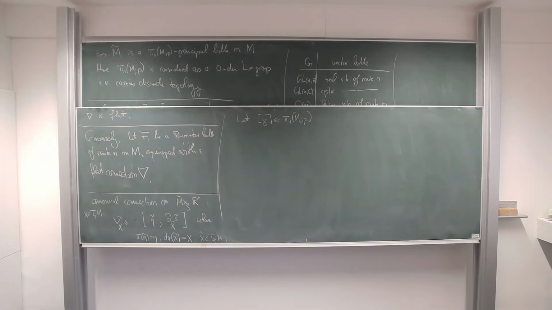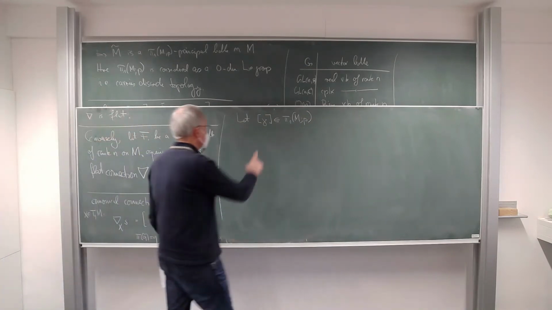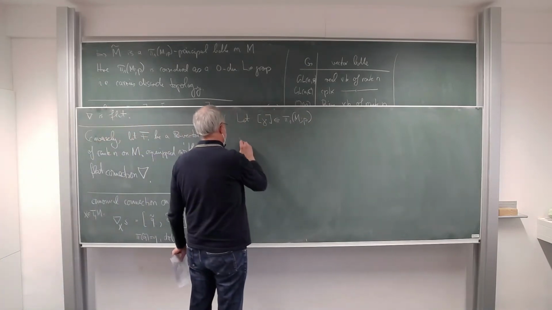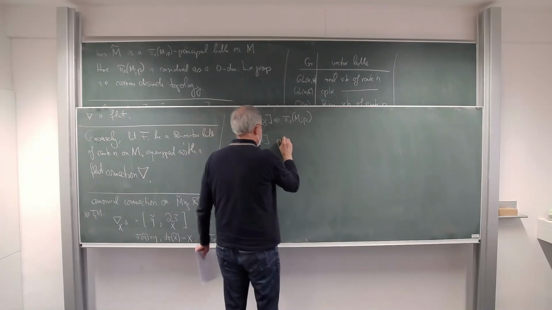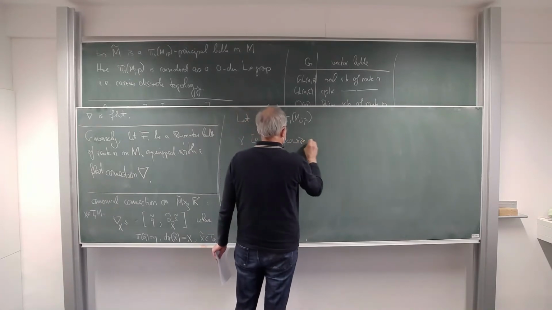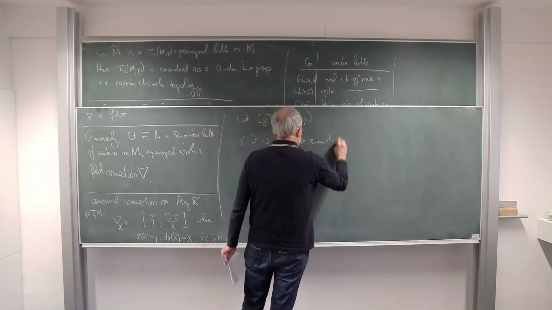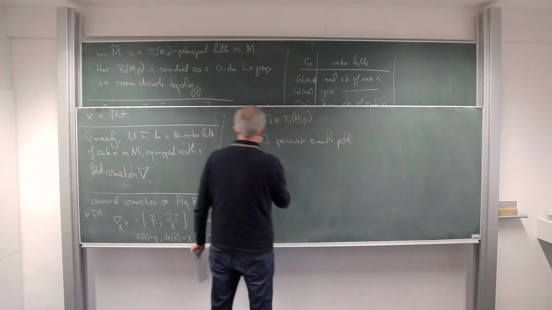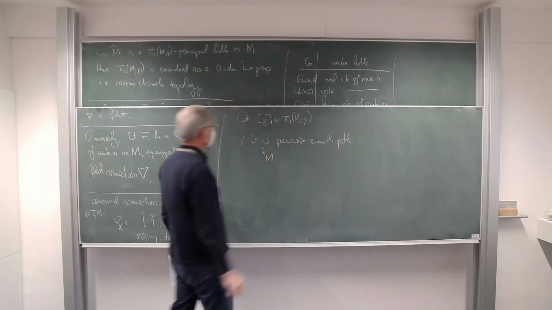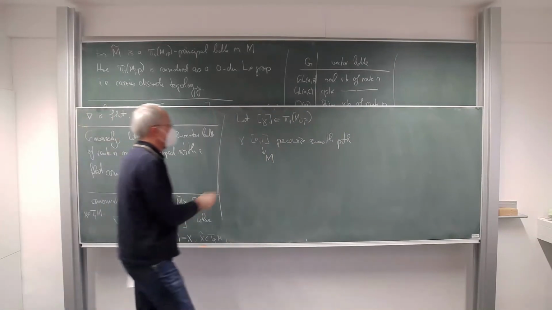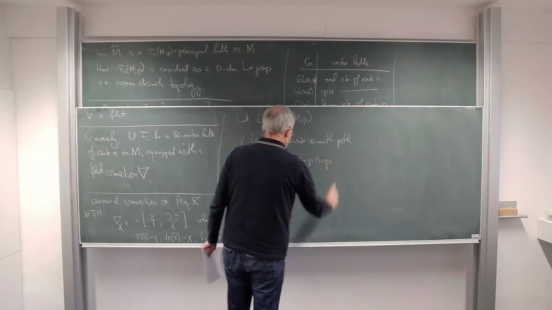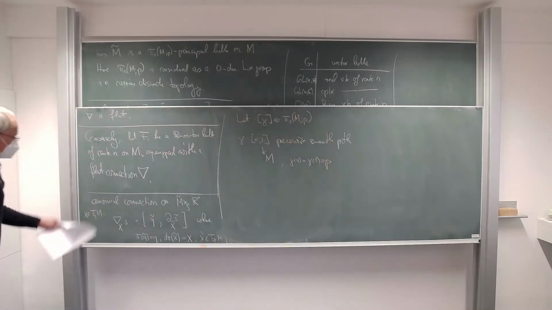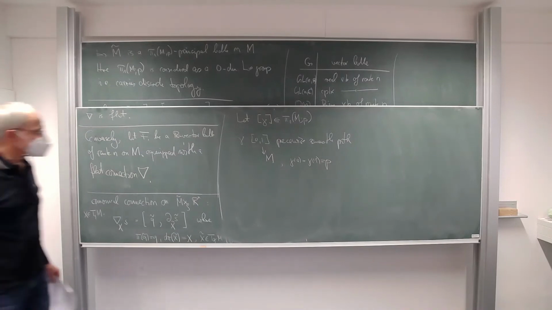So the reason why I'm saying this is because if I have a smooth path here, so gamma, or piecewise smooth path at least, this goes to M, and it's based at P. And now I have a connection here, so I'm looking at parallel transport along this path.